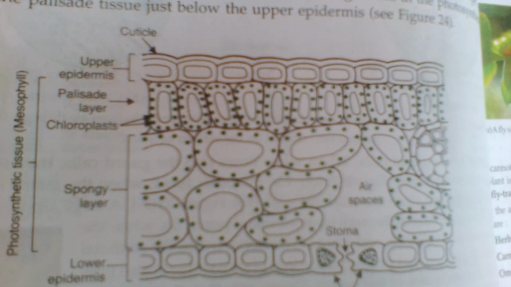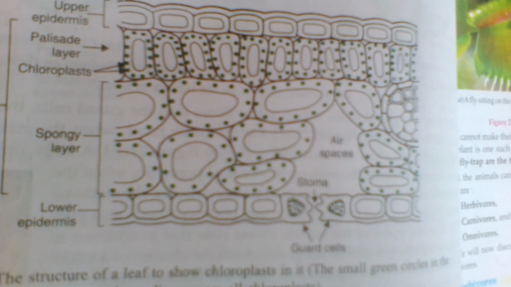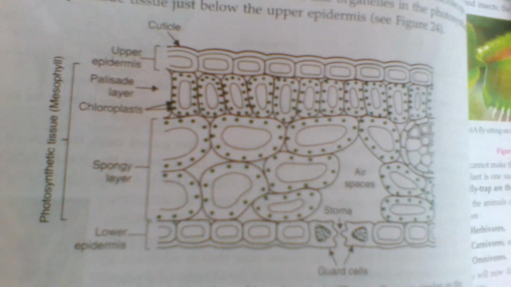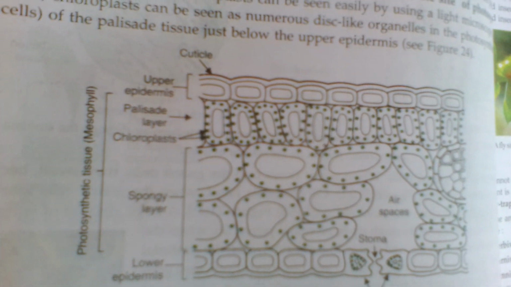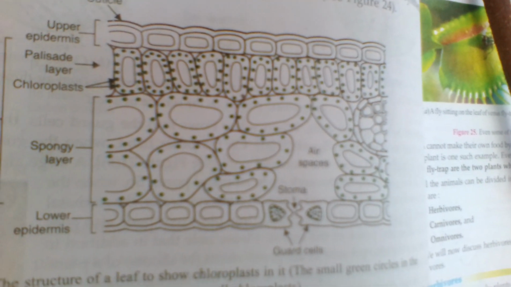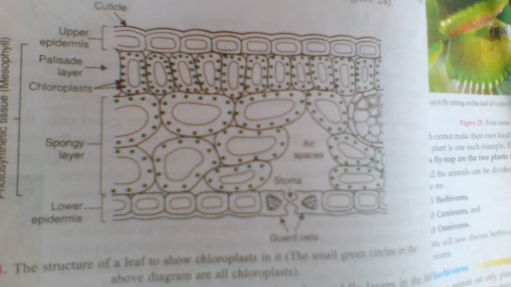Now look here, the site of photosynthesis, a level diagram of the site of photosynthesis, in the upper epidermis, clearly showing the chloroplast cell, the actual site of photosynthesis.